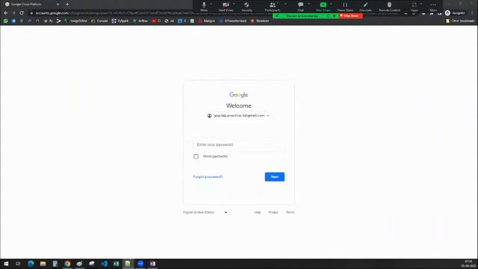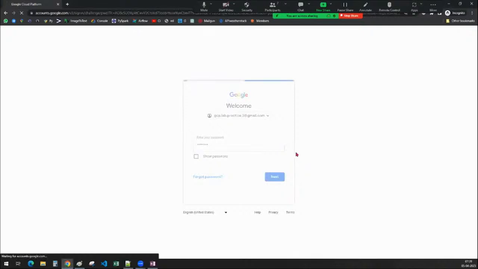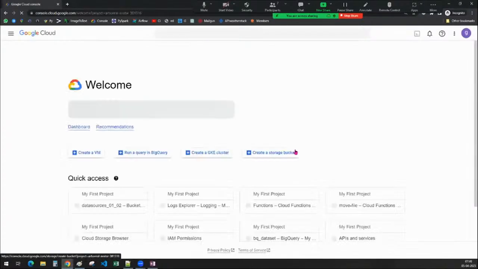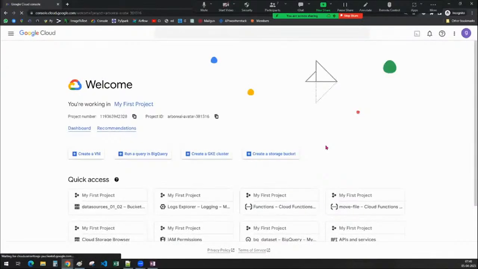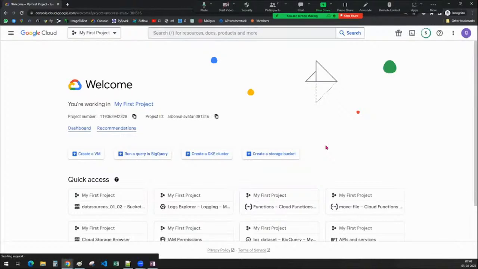Google Cloud. Okay, so let me first give you an introduction to the Google Cloud platform interface. When you log into your Google Cloud, this is how the interface looks.